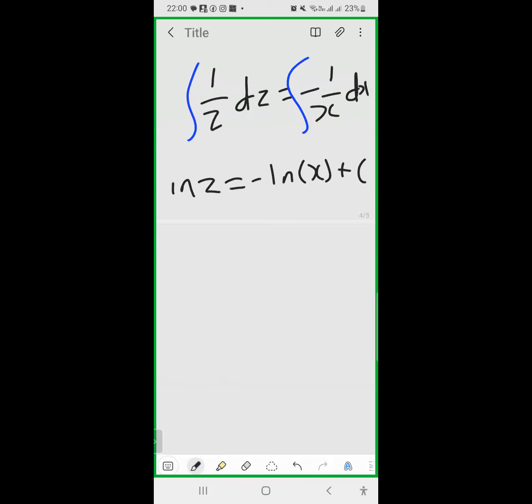Therefore, we're going to introduce the e to the power ln c. It's equal to e to the power minus the ln of x, and then plus e to the power c.